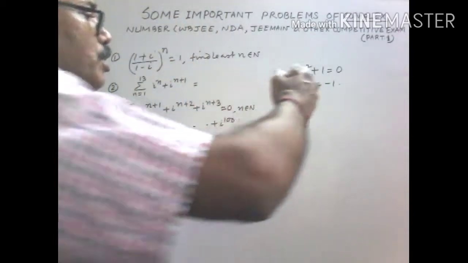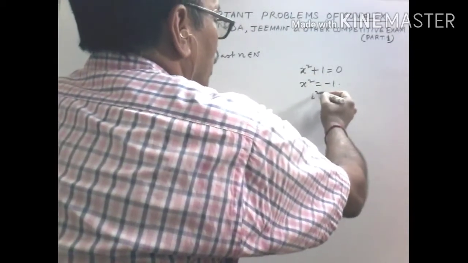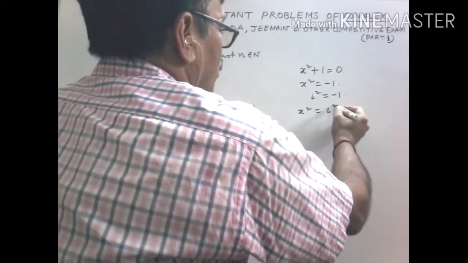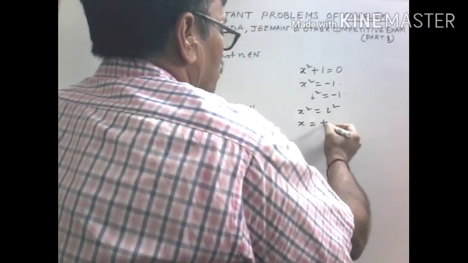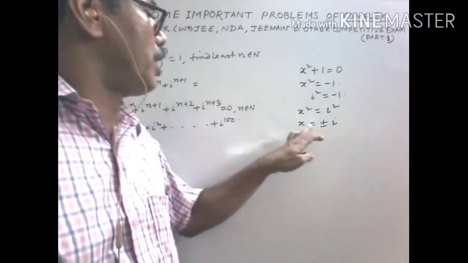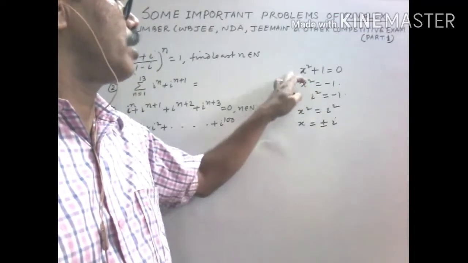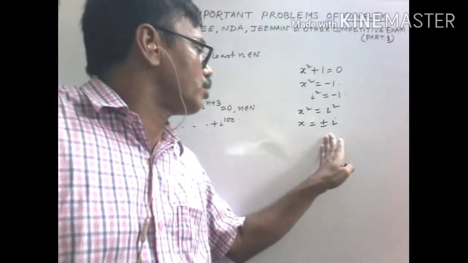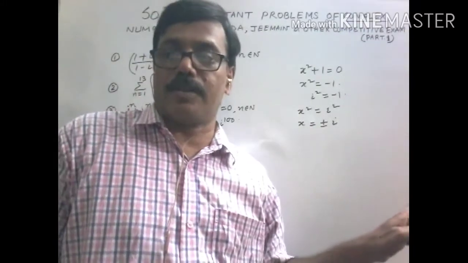Look, if we take i square equals minus 1, then x square equals i square. So x equals plus or minus i. Now if we put x equals i, then x square equals i square equals minus 1, and it satisfies the equation.